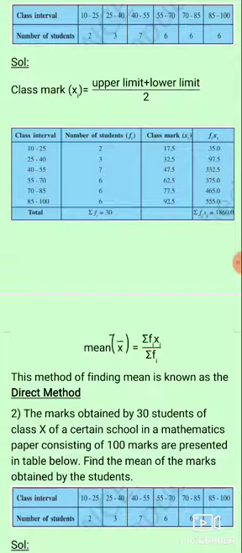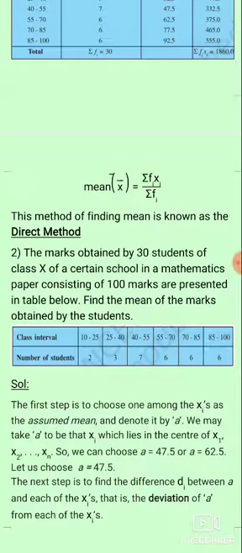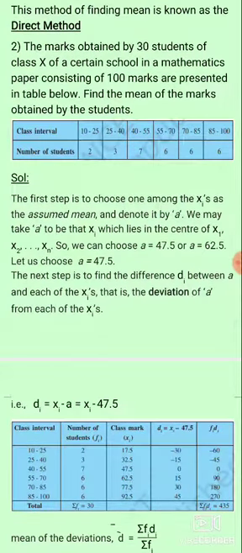The same class intervals and frequencies are given. From the class intervals, we need to find xi, which is the lower limit plus upper limit divided by 2. Same as the other question: 17.5, 32.5, etc., 92.5 are the xi.